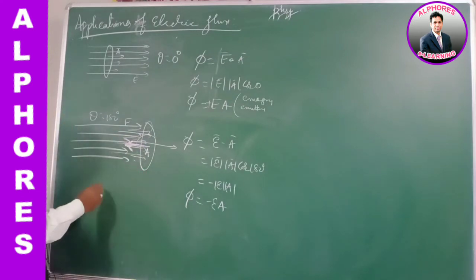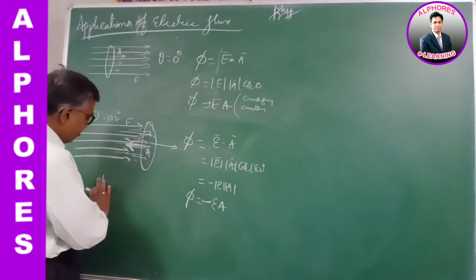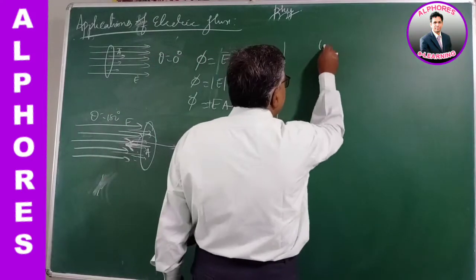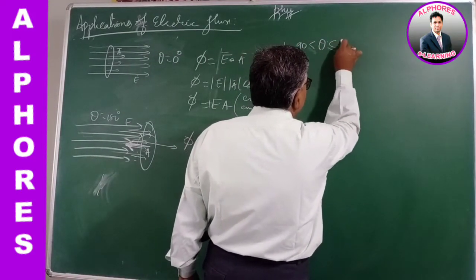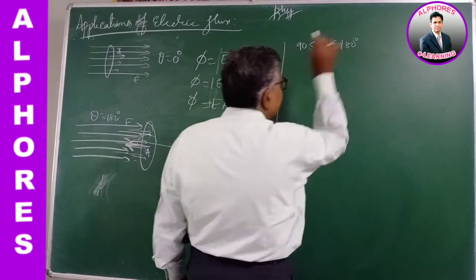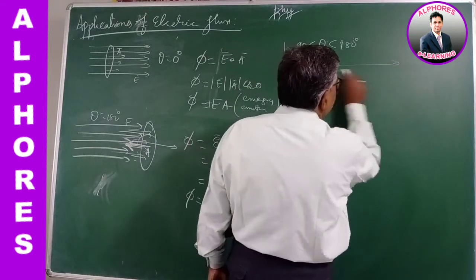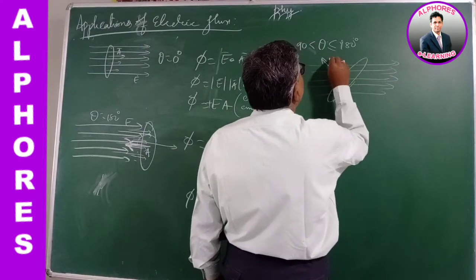Now this flux phi is negative not only for this angle, but for all the angles theta ranging from 90 to 180. For all the angle theta 90 to 180, the lines of force are like this and the area element is in this direction.